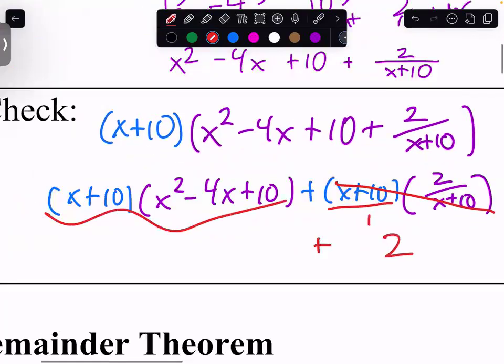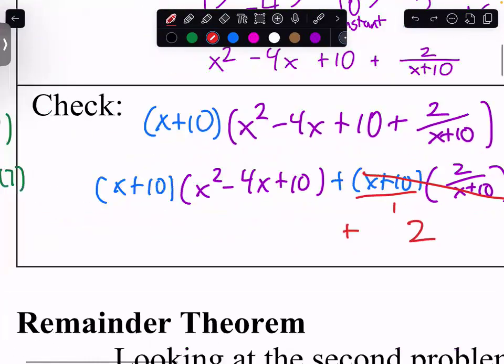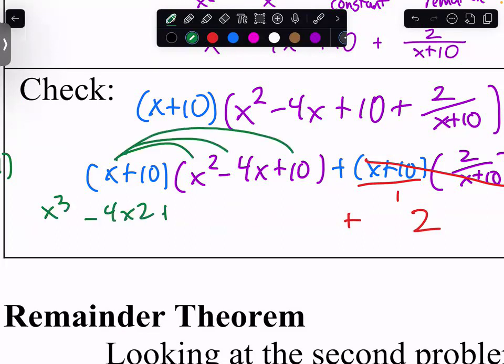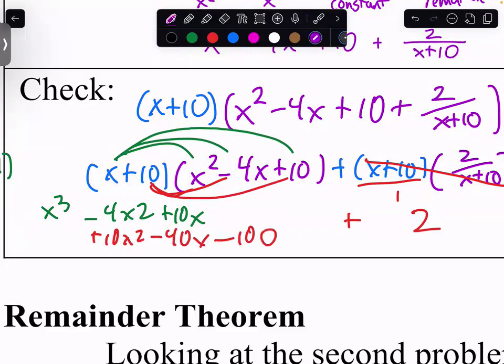Now over here, you do need to distribute it out normally, right? So you'd have x cubed minus 4x squared plus 10x, and then plus 10x squared minus 40x minus 100. Okay, so combining like terms, x cubed plus 6x squared minus 30x minus 100.